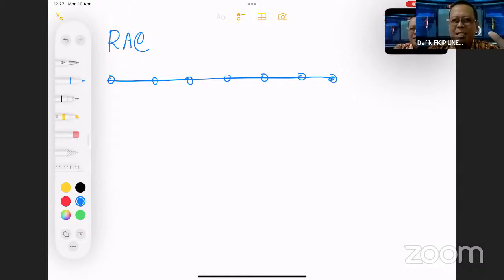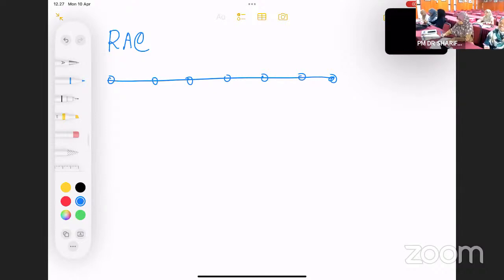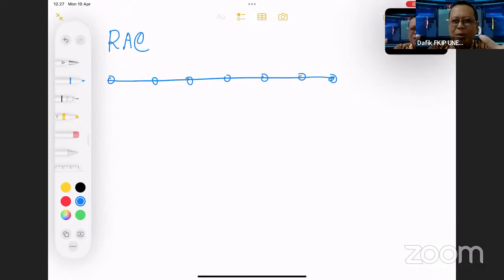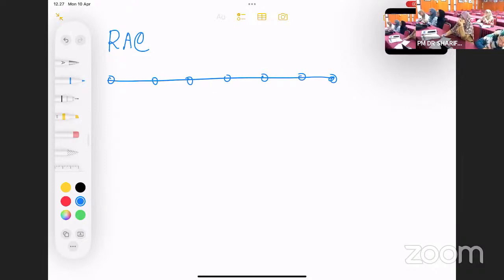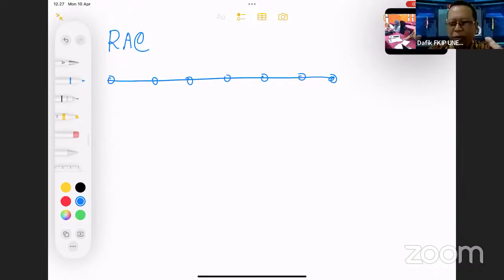If it is yes, then by pattern recognition, we can extend the graph to a larger order.